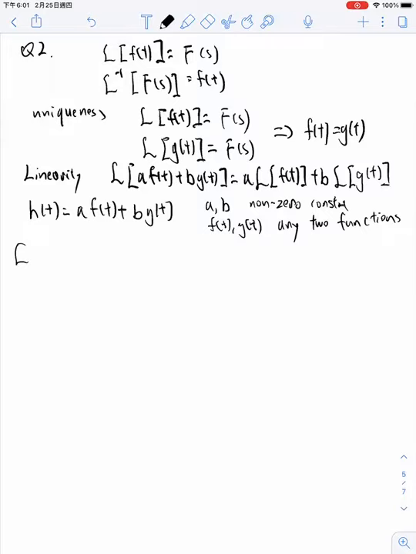If we Laplace transform h(t), it's actually the Laplace transform of the right hand side too, because h(t) is equal to the combination of this. And then we apply the linearity of the Laplace transform.